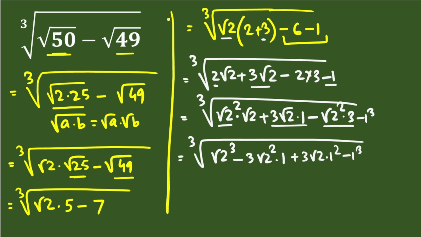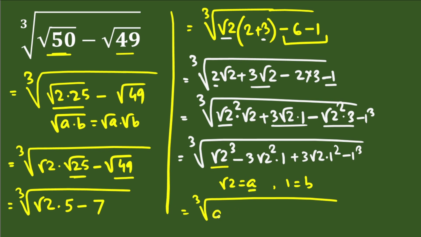Now for solving these expressions, we'll let square root 2 be a and 1 be b. So our expression will be the cube root of 3, and here square root 2 cube means a cube, minus 3, and here square root 2 square means a square multiplied by 1 means b, so it is b, plus here it is 3 square root 2 is a multiplied by 1 square means b square, so it is b square, and negative 1 cube means b cube.